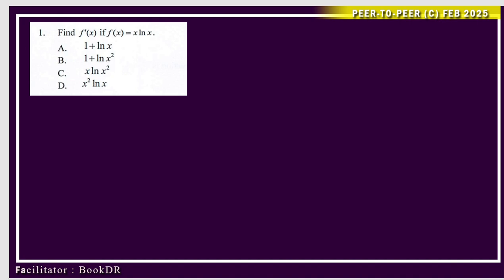Number 1, objectives. We are to find the derivative of the function f of x is equal to x ln x. This is product rule. So we shall apply the product rule of differentiation. By the product rule, our f derivative of x will be equal to, first we'll maintain the x, then we'll differentiate ln x, and that will yield 1 over x.